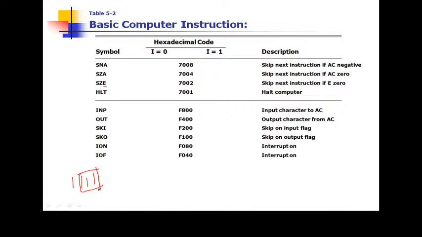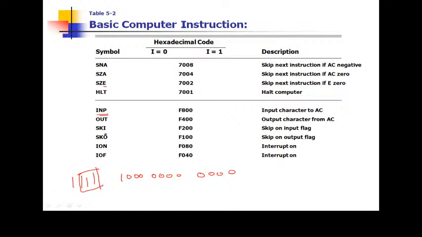So now 1111 followed by, I will use the least significant 12 digits to compose the instruction. 1111 1000 0000 0000. It is the first instruction, which is nothing but INP. If you convert this to hexa, you will get F800. 1111 is F, 1000 is 8, 0000 is 0, 0000 is 0.